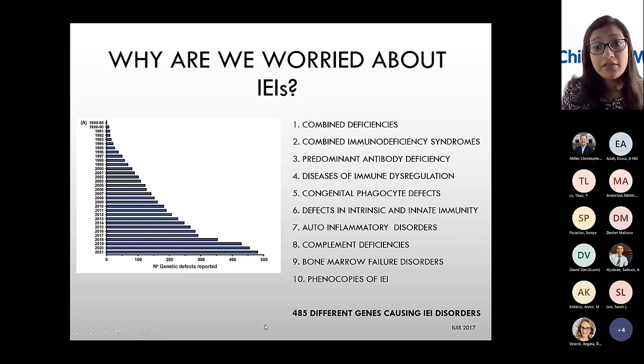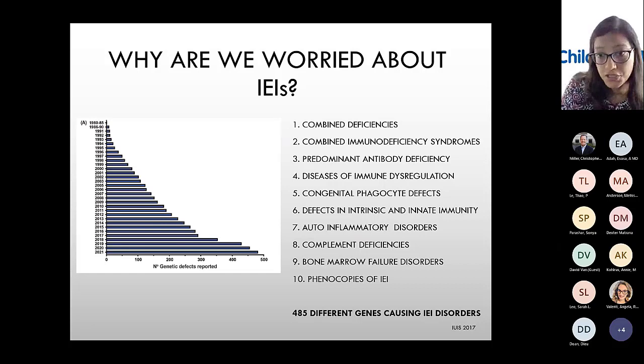And that's from the update, sorry, that I did not update that. That's IUIS 2022. And these are the 10 different categories of inborn errors of immunity that the IUIS classification notes and updates every couple of years.